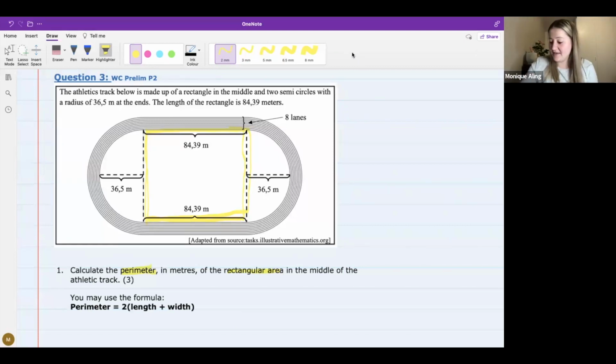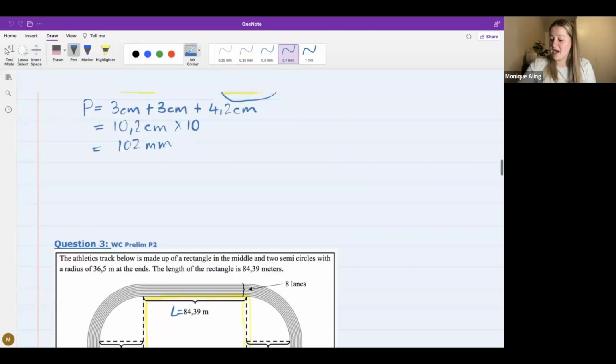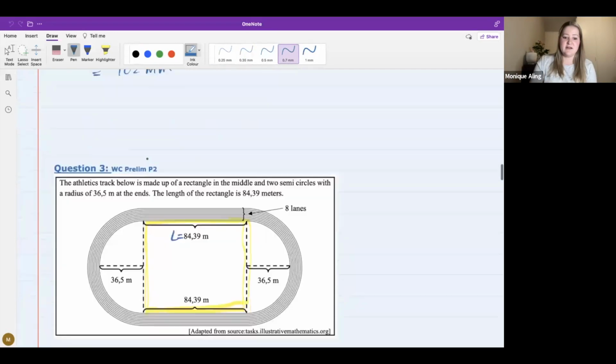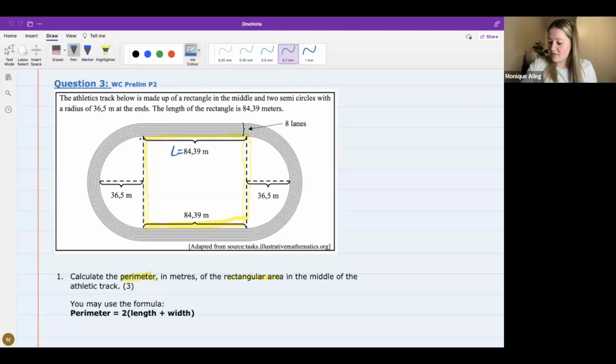Like I was saying, we need to know the value of all the sides. We know that the length is equal to 84,39. But the width, we're not really sure of, but they did tell us that the radius is 36,5. Remember, the radius is any length from the center of the circle to the edge of the circle. So that's also a radius from this midpoint. So this part is also 36,5.